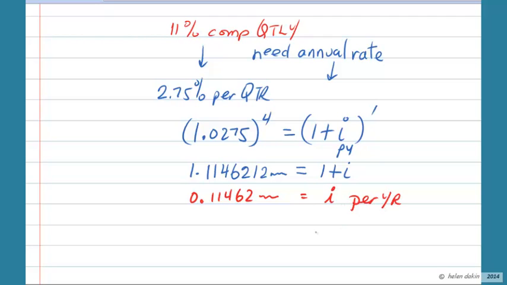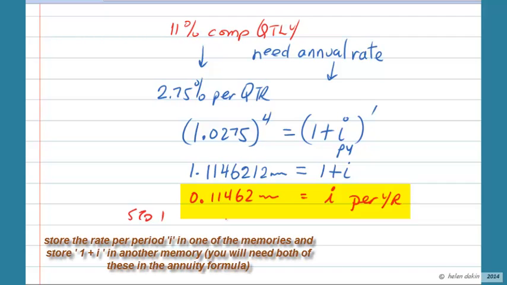So what I'd like you to do is to store this in one of your memories. Maybe you can hit store 1, and we'll use that as the interest rate. Store that in 1. 11.46% per year is equivalent to 11% compounded quarterly.